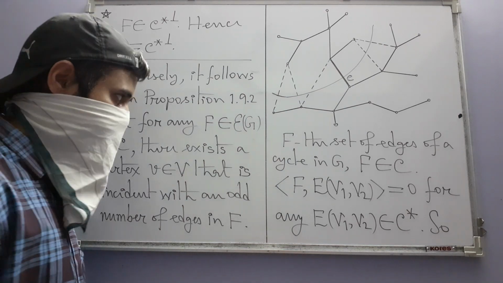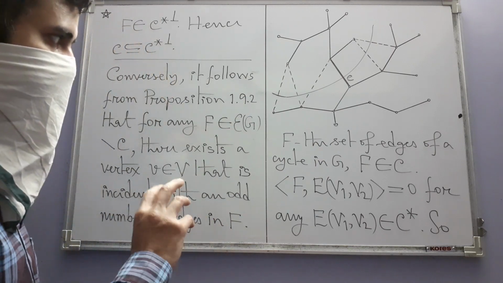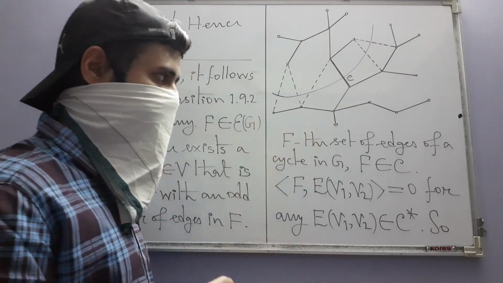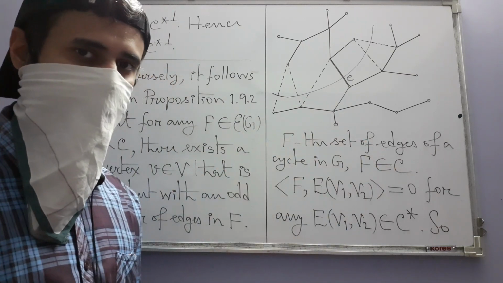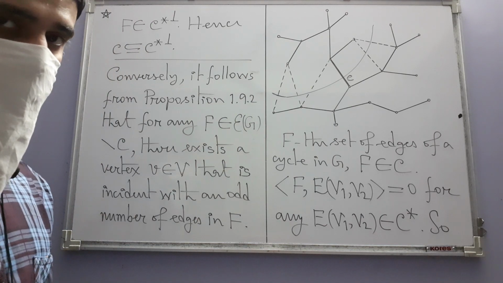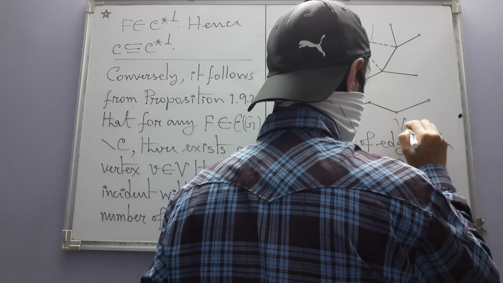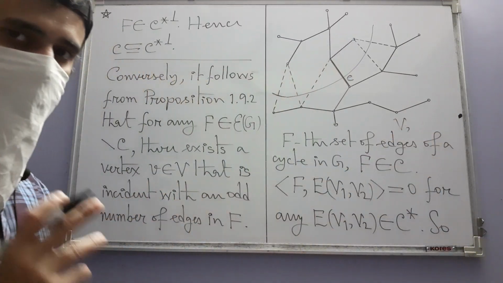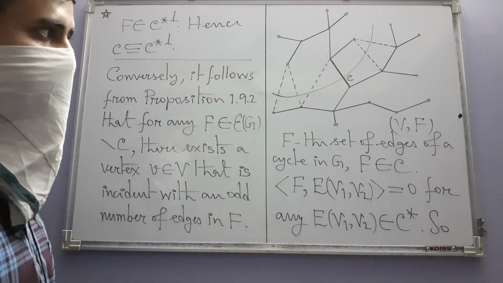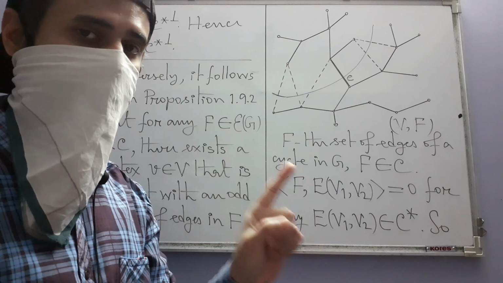If you go to this proposition 192, there you will see that we have some equivalent conditions for a set of edges to be in the cycle space, and one of those conditions is that if f is such a vector, such a set of edges, then the graph whose vertex set is V, the entire set of vertices of the graph, and whose edge set is F, in this graph, which is a subgraph of the original graph, all the vertices have even degree.